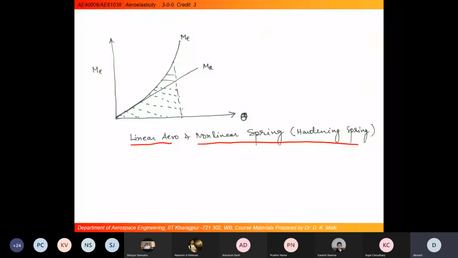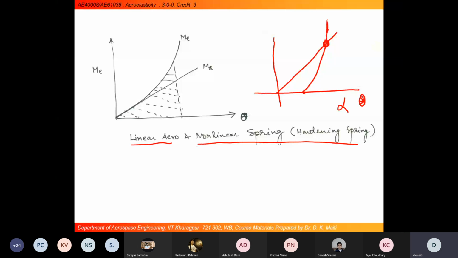When theta is less than or equal to this point, this value theta critical, then the system will be stable. If it is above this, then in this configuration, whatever we are getting, beyond this the elastic restoring force is more than the aerodynamic force. So obviously it will be stable, always it will be stable. But at this point, it has the tendency.